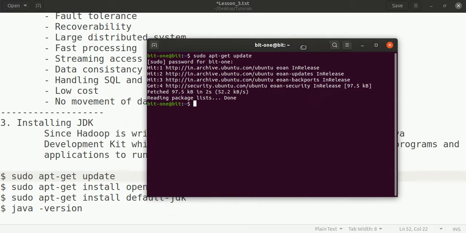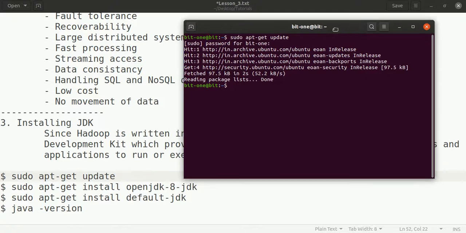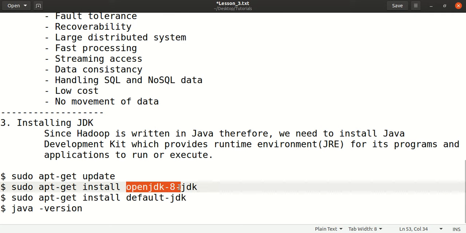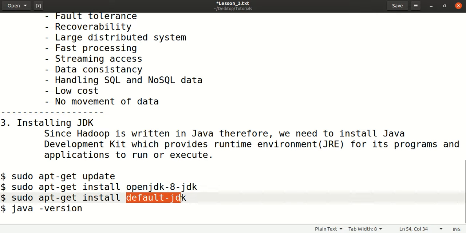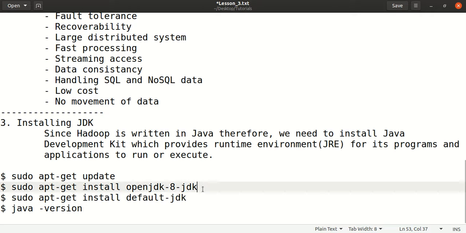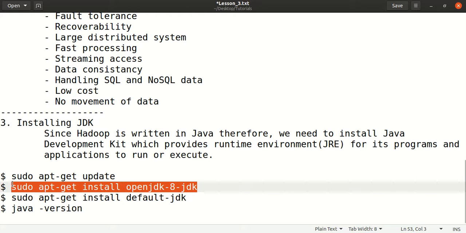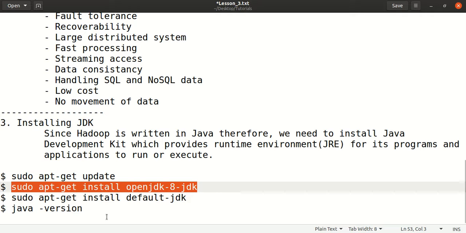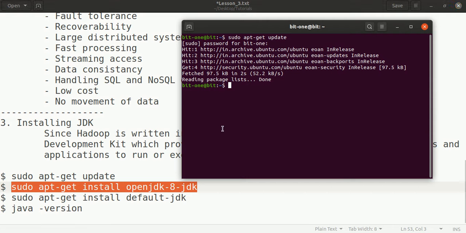The services are updated. Now I have to install this version of JDK. OpenJDK 8 I want to install. If I simply run sudo with the default one, it will install other versions. But I want to install this version, that is why I have to type it manually. So I take the copy, and here in the terminal I paste it.